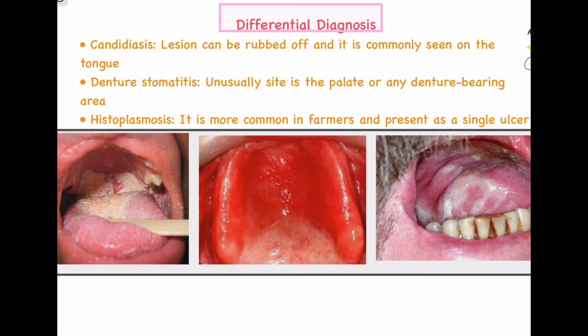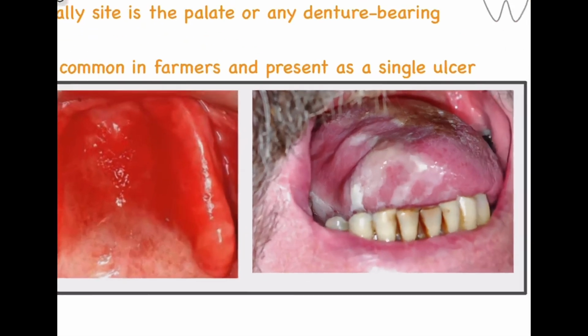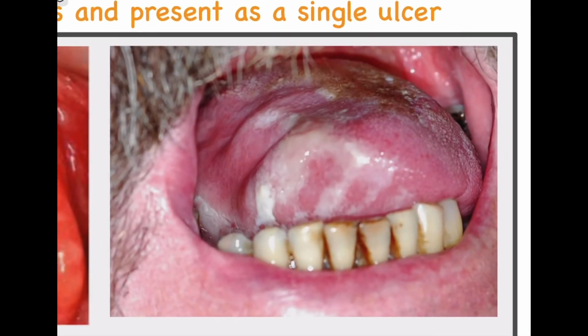Our third differential diagnosis is histoplasmosis. Now this kind of disease is more common in farmers and it will present as a single ulcer, right? So can you see here, this is a case of histoplasmosis. It doesn't have a very prominent red component, right? But in this case we can see a single ulcer formation.